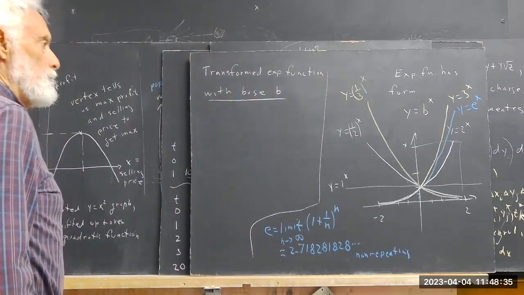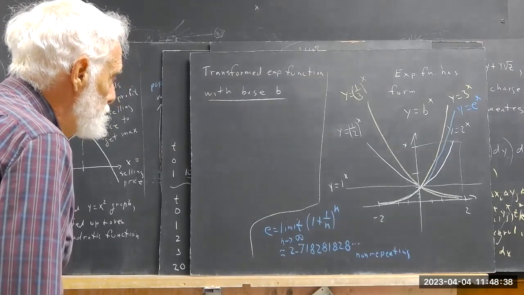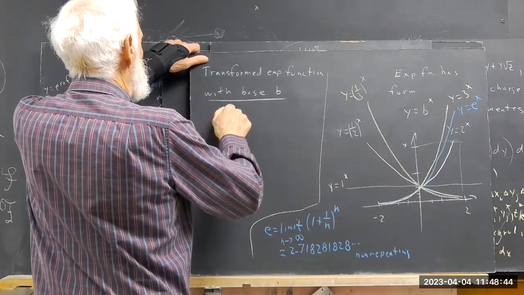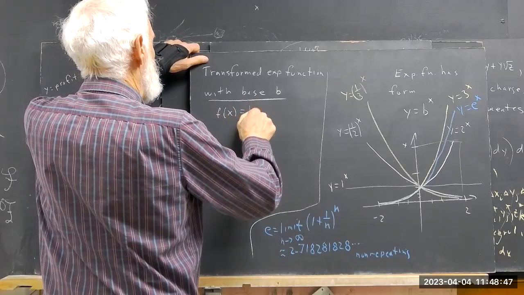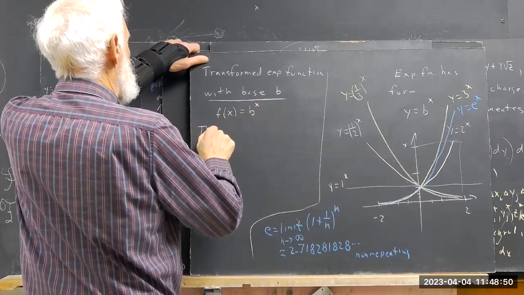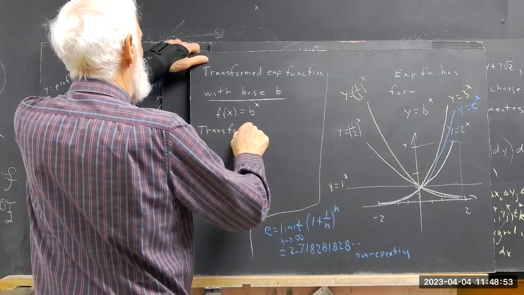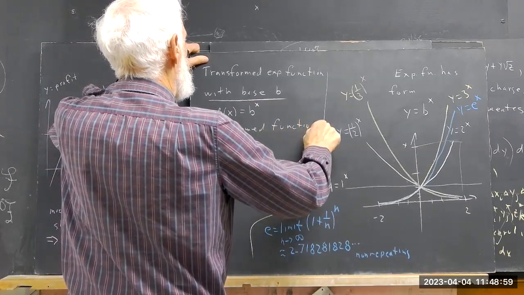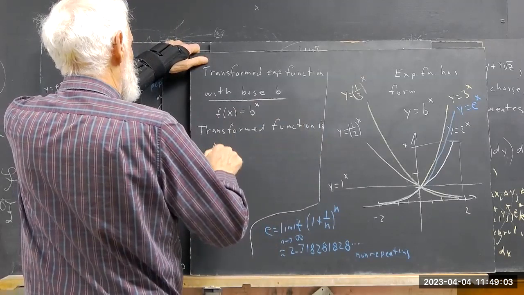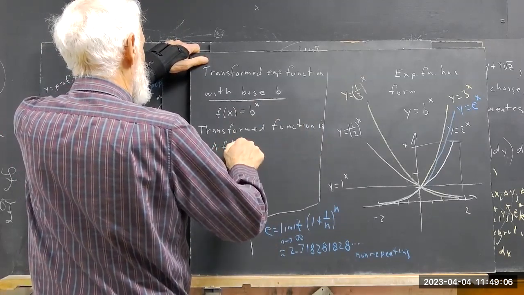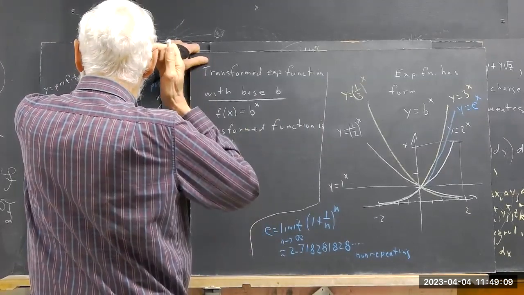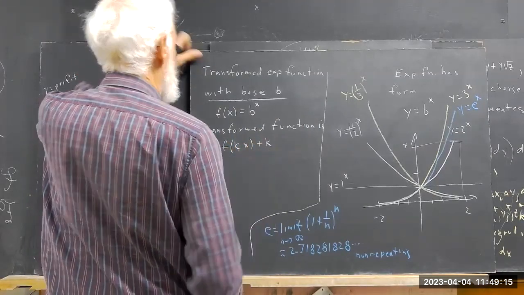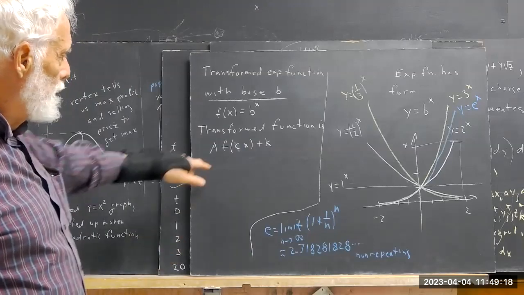A transformed exponential function takes the form A f of (Cx plus K).